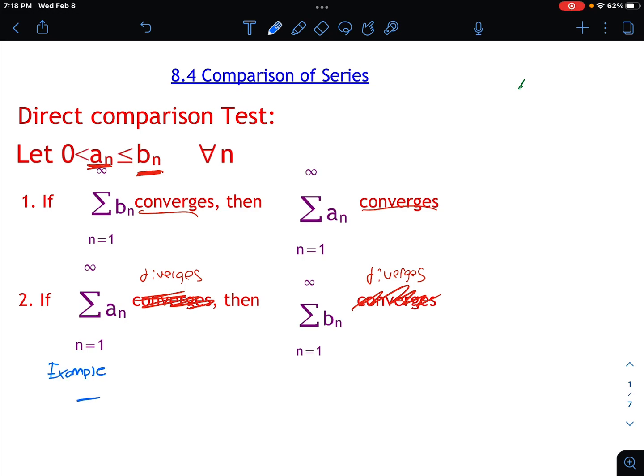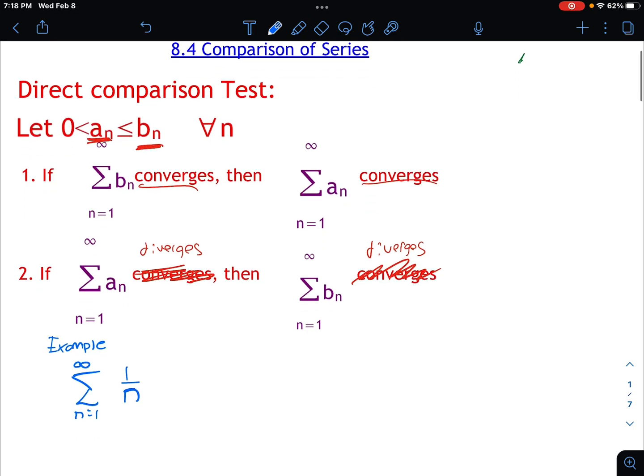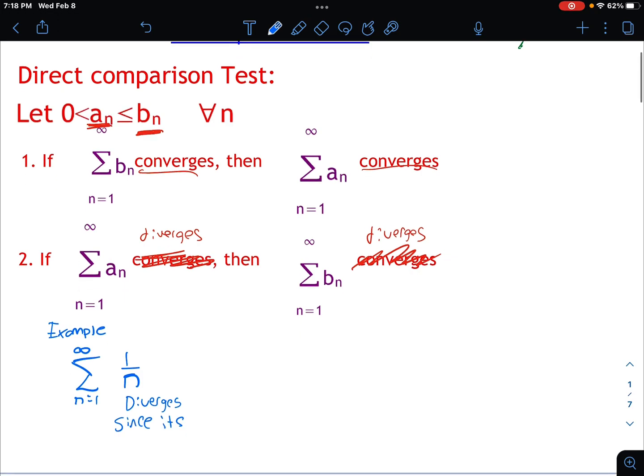We're going to take a look at the harmonic series from n equals 1 to infinity. We know that this diverges, since it's harmonic. It's the p-series. Then we know that the series from n equals 1, why did I write 2?